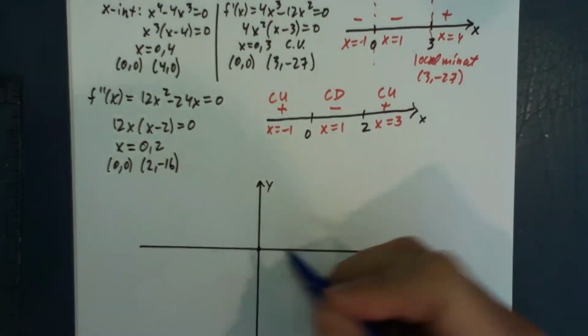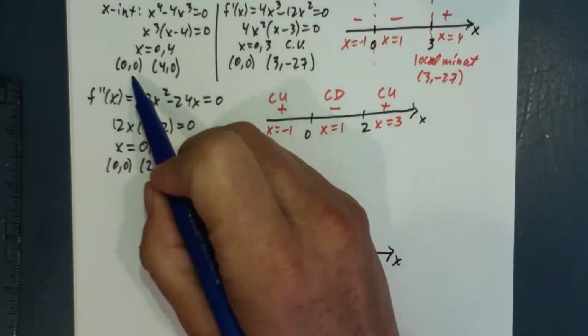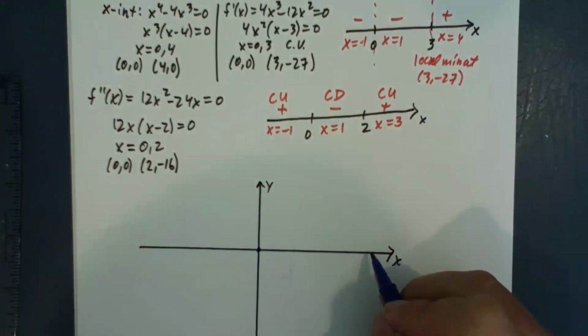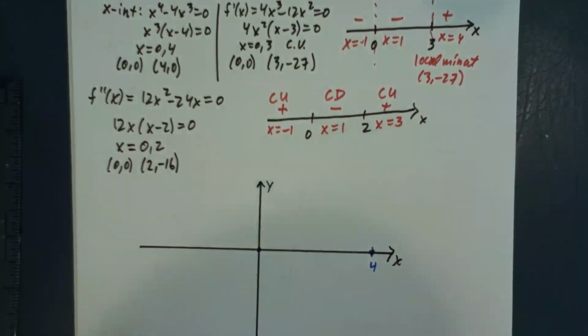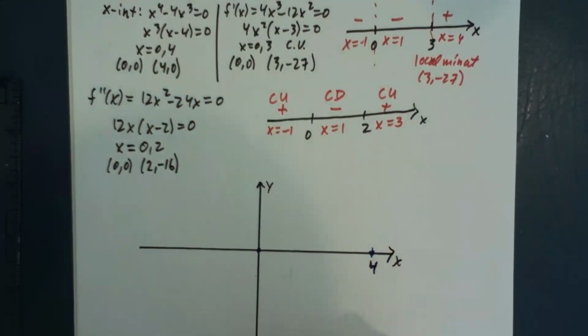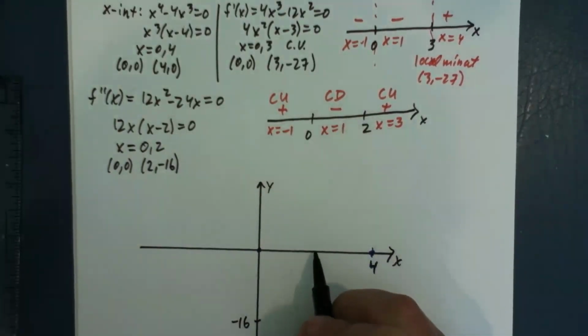We know at (0, 0), it's crossing the x-axis. We also know it's going to be crossing at x equals 4. I'll put that way out here. We know at 3, we have a local minimum. So I'm going to mark this as, I'll call this -27. This is not going to be to scale, obviously. And at -16. And let's mark this up. So halfway will be 2.